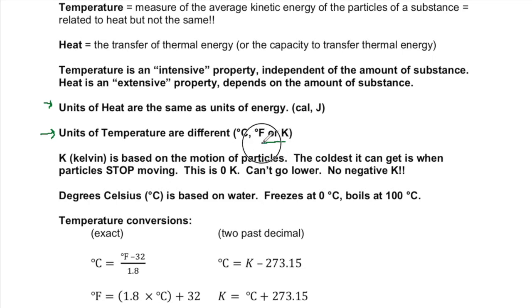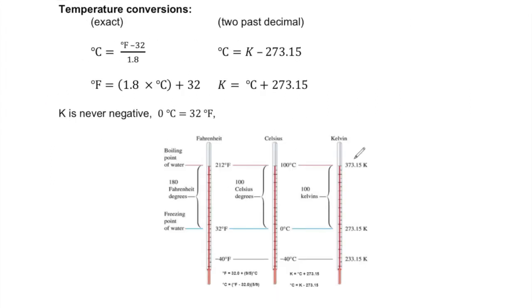So temperature is measured in degrees Celsius, degrees Fahrenheit, or Kelvin, which are not degrees Kelvin, just Kelvin. This drawing on the bottom of page 20 in your note packet shows how the different temperature scales are related. The Celsius degrees, the degrees Celsius, and kelvins are the same size.